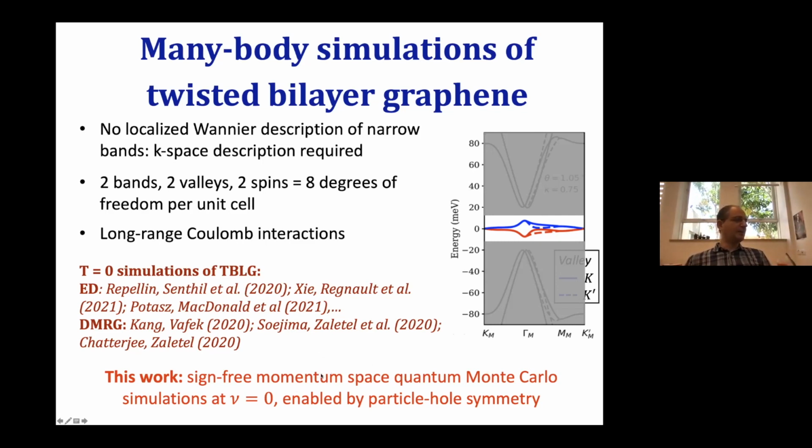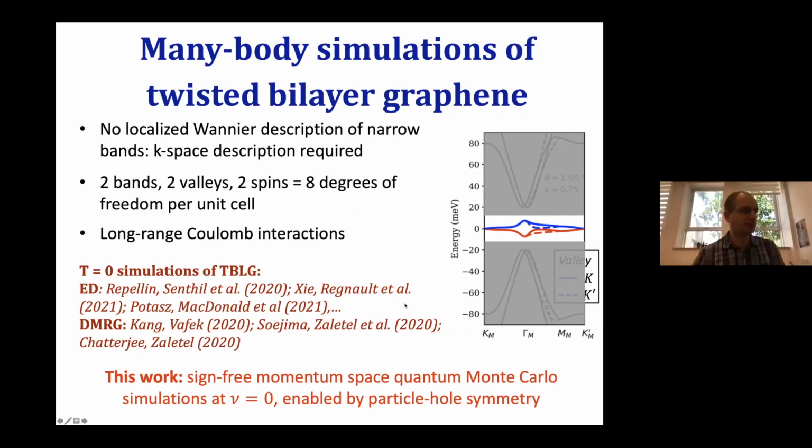And we'll apply it directly in momentum space, such that we avoid the need to write a localized basis in real space, which we cannot really do due to the band topology. And at charge neutrality, I'll argue that the system has an approximate particle-hole symmetry that prevents the sign problem.